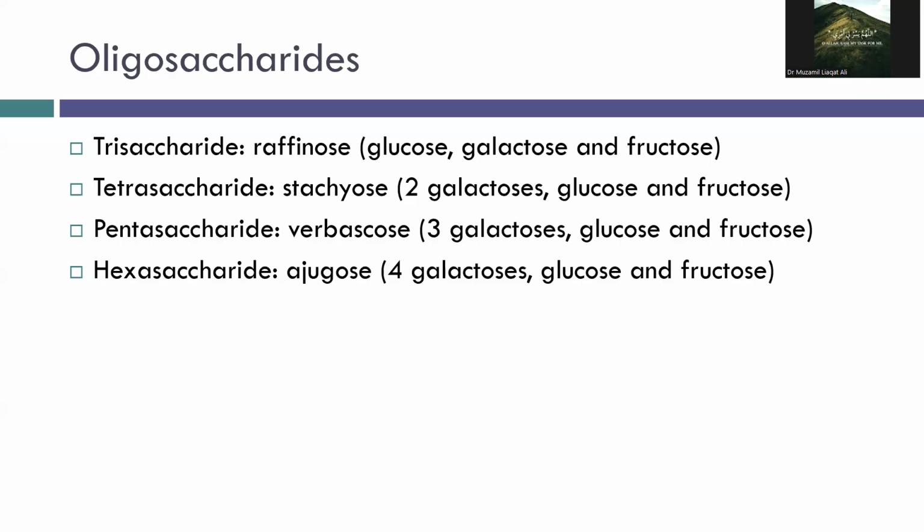The next one is the pentasaccharide verbascose, with three galactose, one glucose, and one fructose molecule. The next is the hexasaccharide ajugose, which contains four galactose, glucose, and fructose molecules in its structure.